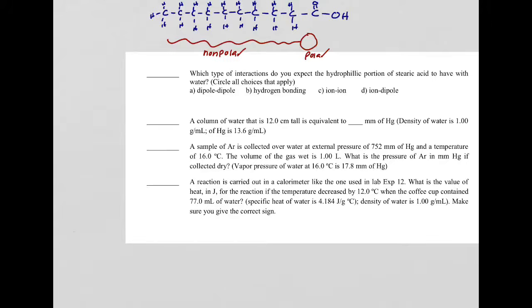So when you have nothing but carbon and hydrogen, you are non-polar. Every time you have oxygen or nitrogen, you are polar. And the other thing I wanted you to remember is that polar likes polar, non-polar likes non-polar.